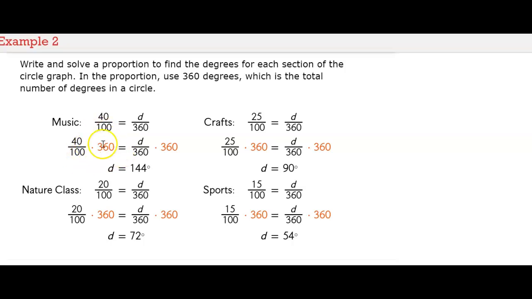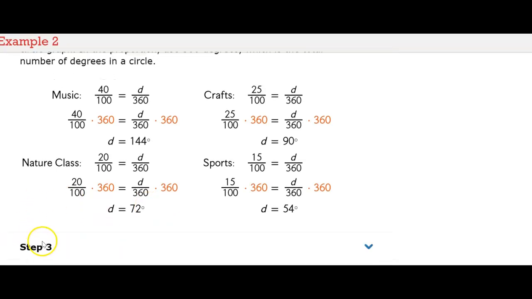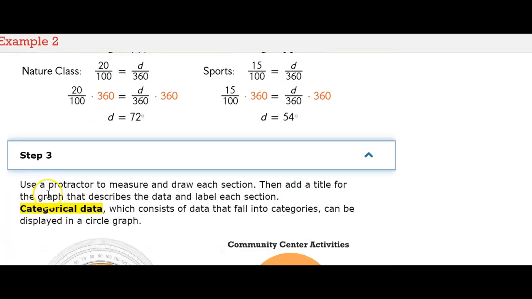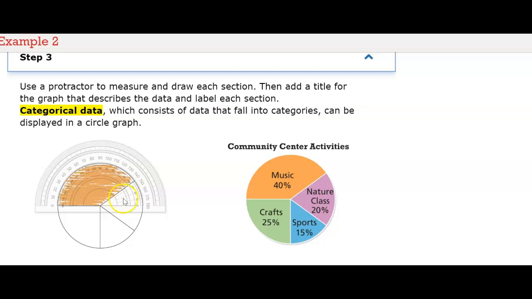So you're multiplying it by the 360 degrees, which is the measure of a full circle, and that gives you the degrees for that section of the circle graph. So you do that for each one of the activities. And then last, you would draw a circle graph, but here is what it would look like fully drawn out with each activity.